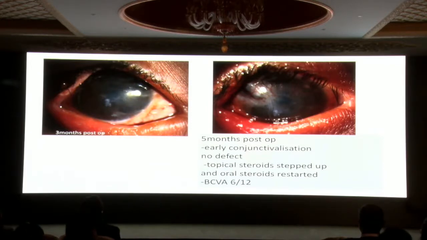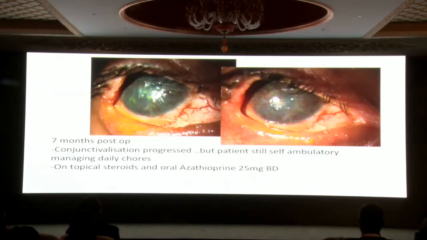Over a period of 5 months, you can see a gradual conjunctivalization coming in. He improved to a visual acuity of 6/12. But this is at 6 months post-operative where the conjunctivalization has progressed. We were thinking of repeating an Allo-SLET and probably increasing the immunosuppressive drug regimen the second time if required, to add on cyclosporine along with the mycophenolate and the azathioprine. But as of now, he's still able to be self-ambulatory, so we have not done any further intervention.